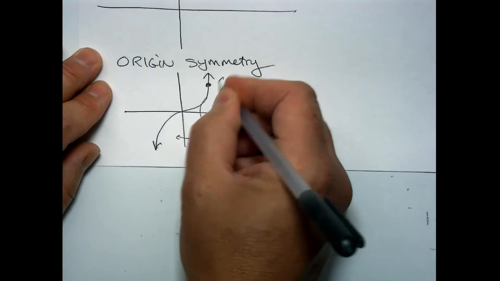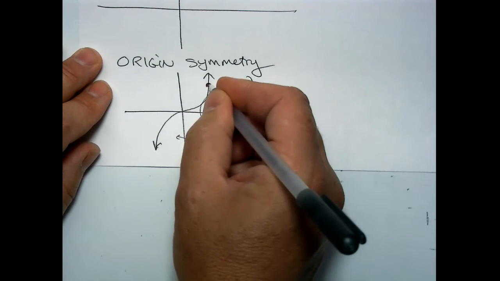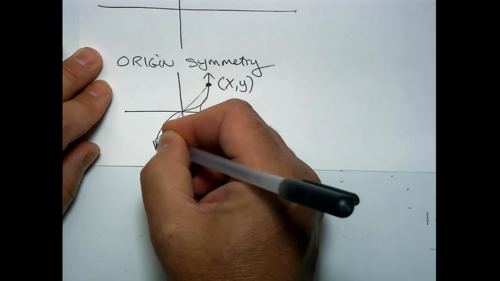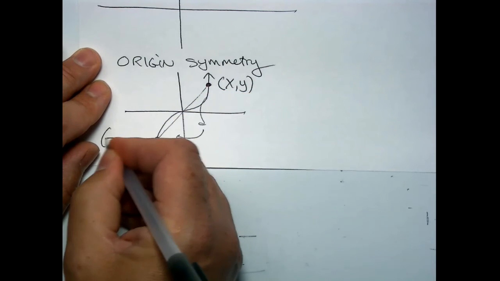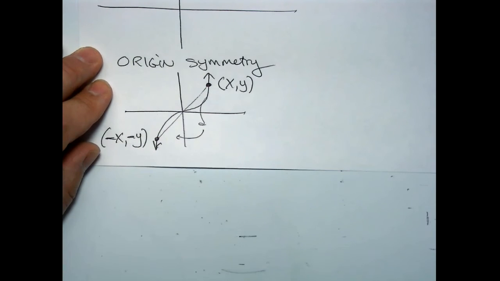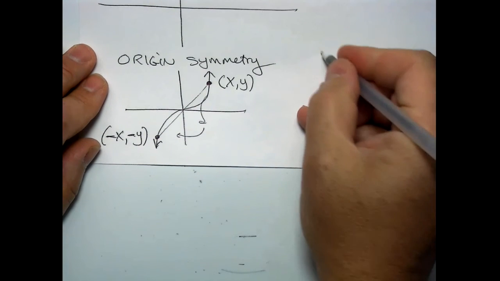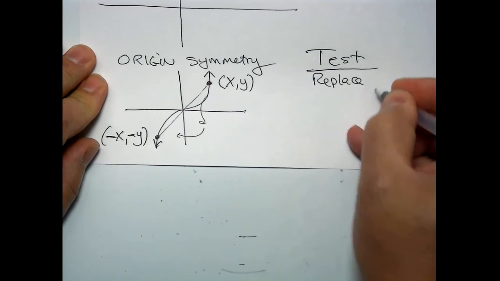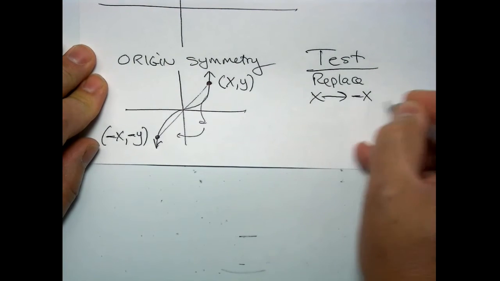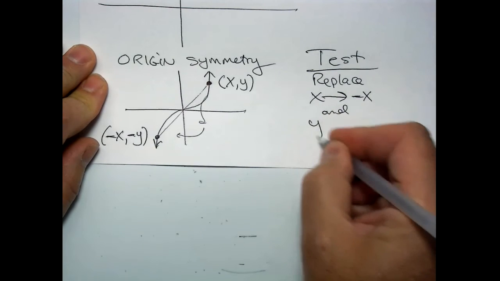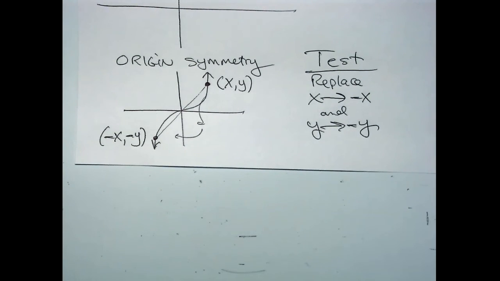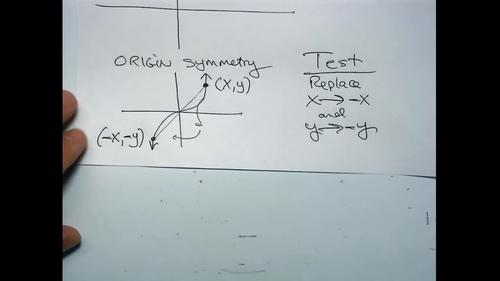This curve here would have the point x comma y, and in fact the reflection is right through the origin, and you land on the reflected point, which is minus x and minus y. That implies a good test. And the test is to replace x with minus x and y with minus y, and then get the same equation back.